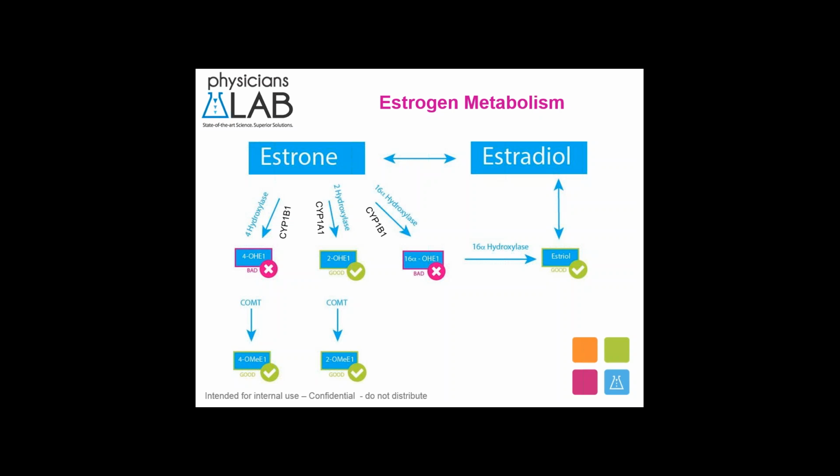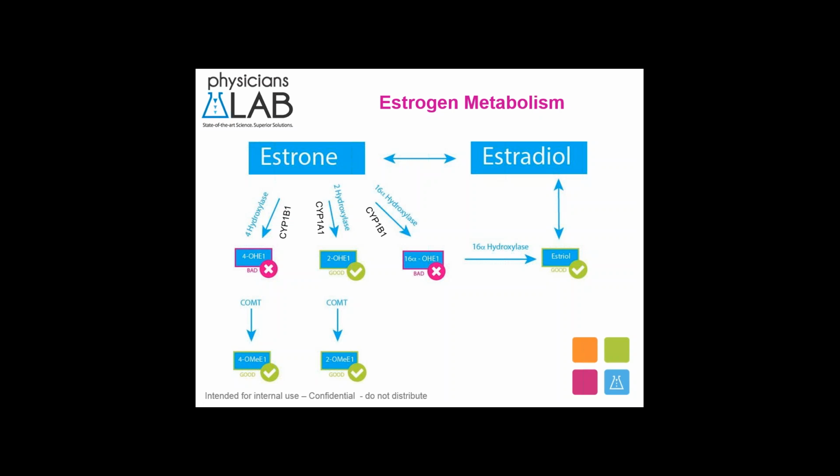The thing about 16-alpha-hydroxyestrone and 4-hydroxyestrone is they're primarily created when a patient is in a state of inflammation. Now, 90% of the time, this inflammation is stemming from the gut.